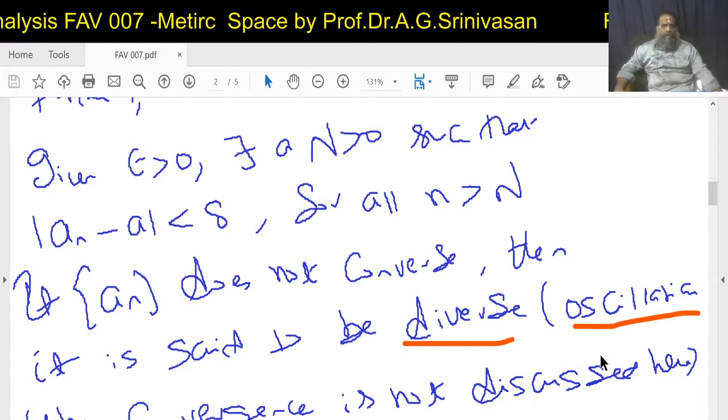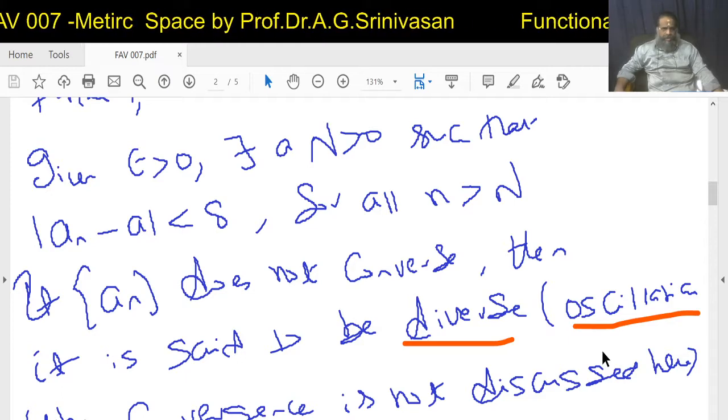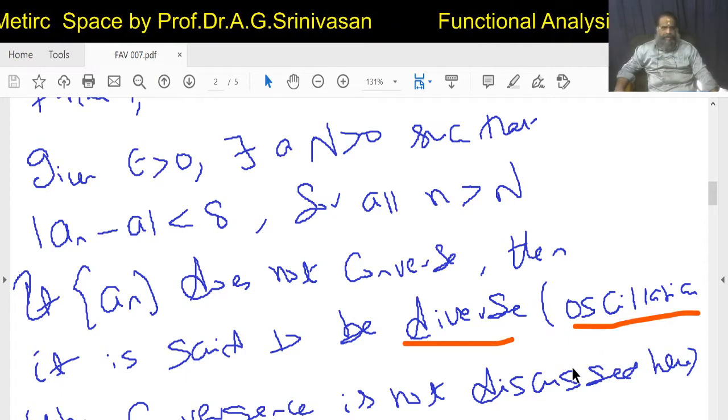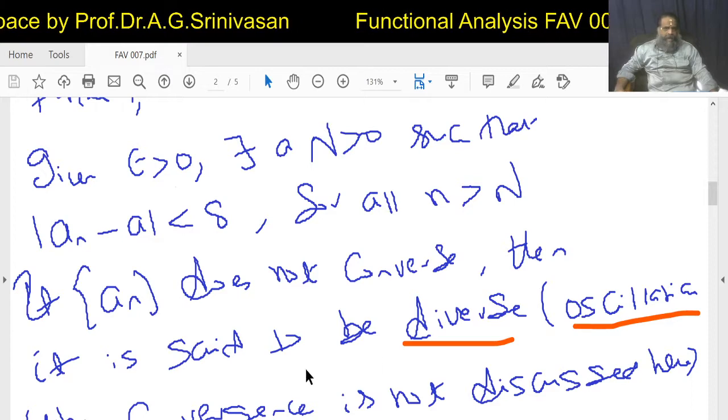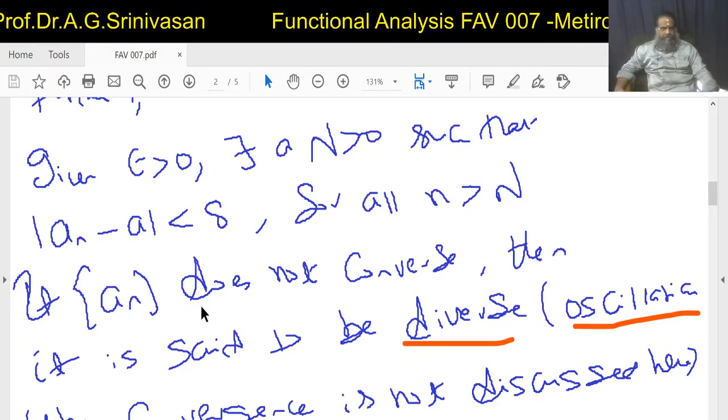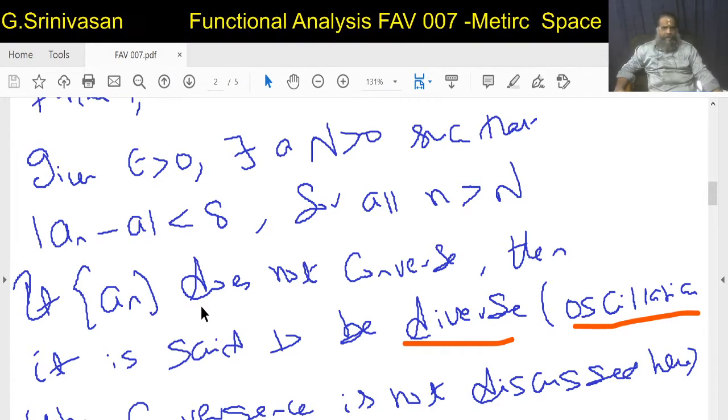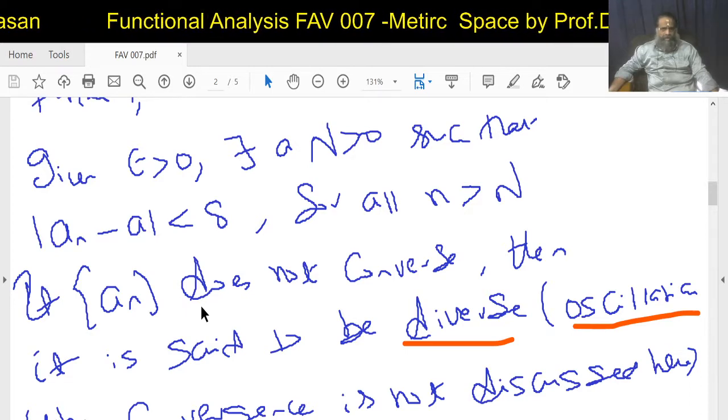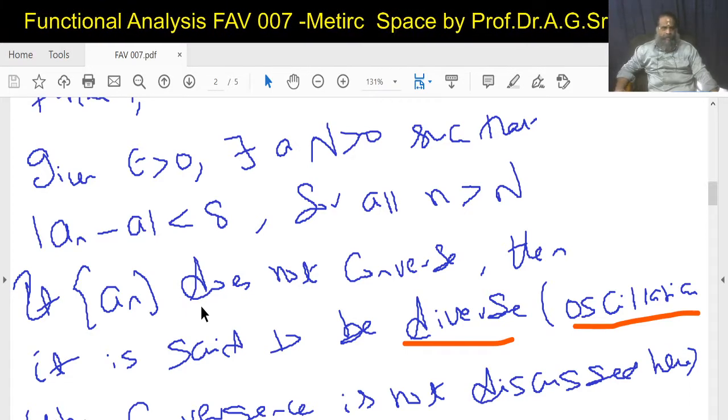Though there is one more word called oscillatory sequence, we are not discussing it in this forum. I am explaining the convergence for real number systems. Later in other spaces, we will talk about the convergence if needed at appropriate places.